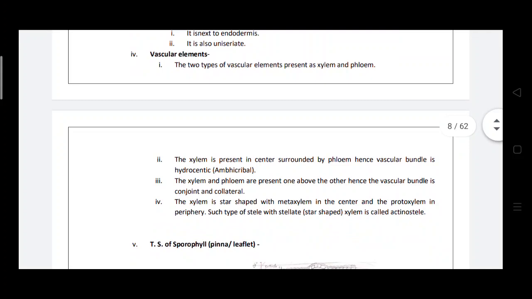The xylem is present at the center surrounded by phloem, so it is hydrocentric. The xylem and phloem are present one above the other, so the vascular bundles are conjoint and collateral. The star shaped xylem is also called stellate or actinostele. So these are the main characters in the transverse section of the stolon. In the next video we will discuss the transverse section of the sporophyll.